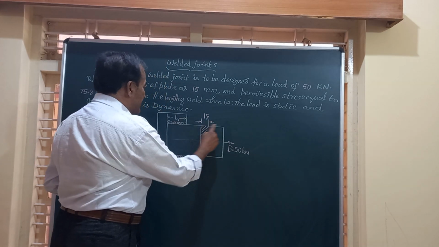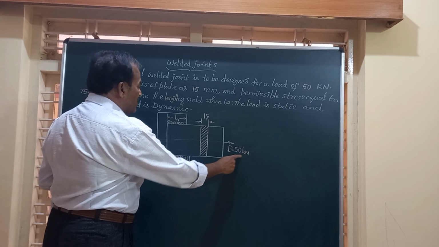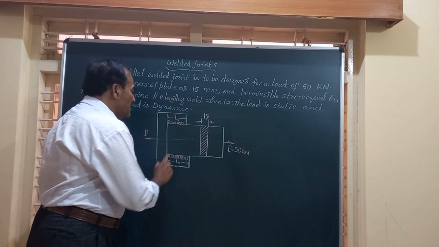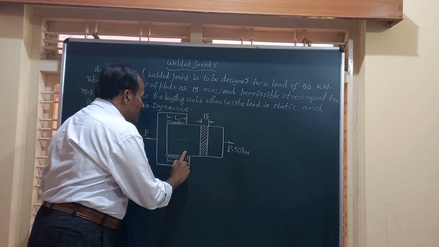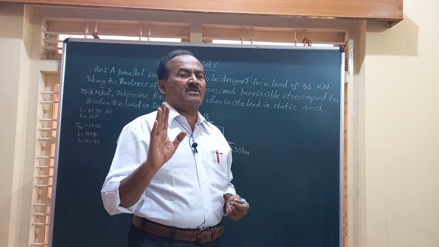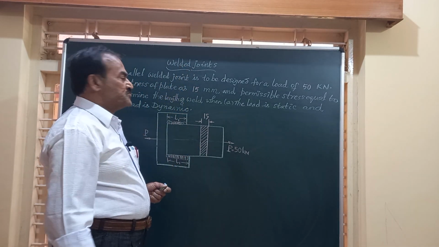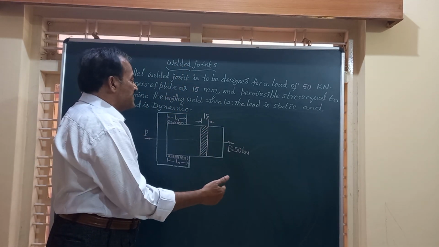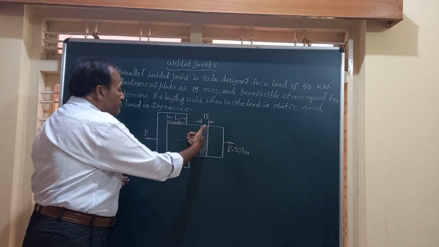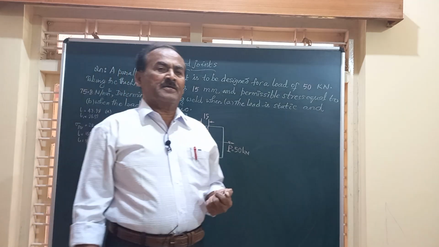So we have a plate and it is being subjected to a load of 50 kilonewton. We have two welds, each of length L1, L1. And remember, generally in parallel welds, both the welds will have the same length. And if you want to increase the length, you may have to just slide this plate to whatever length you want and then make the welding.